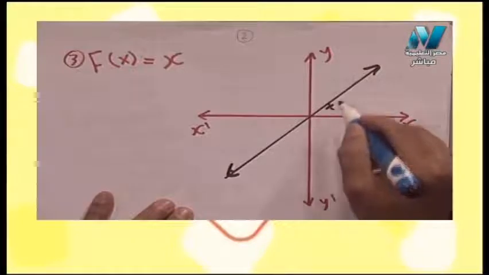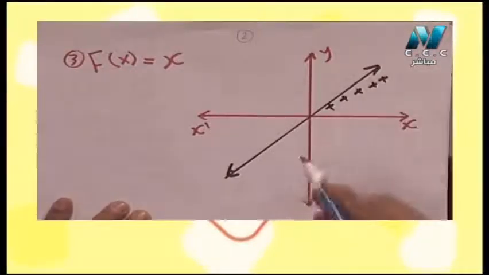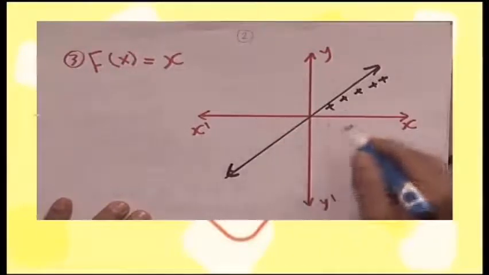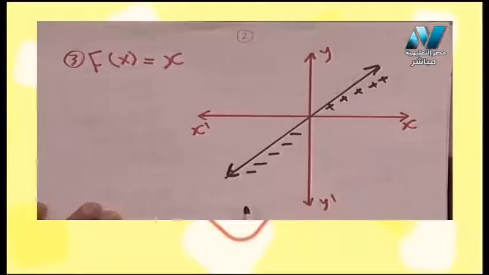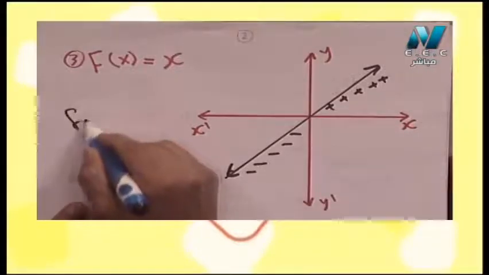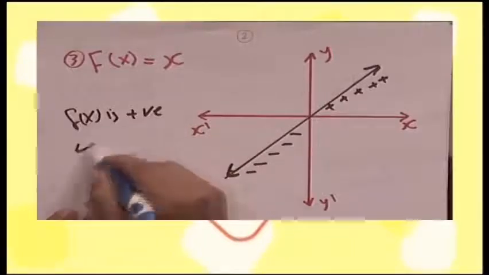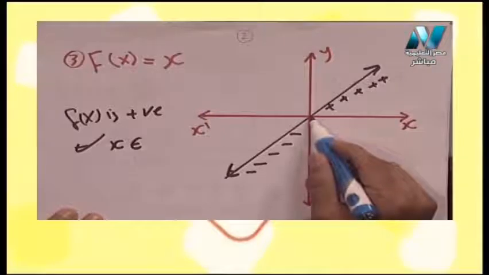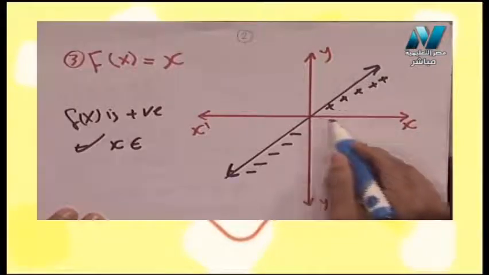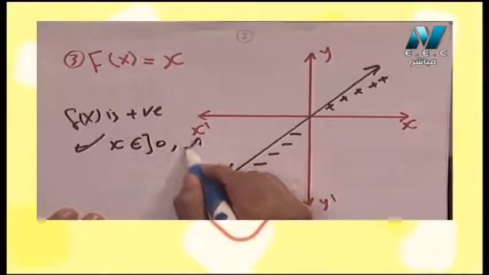Positive here, all these parts, and negative here, below the x-axis. So it is negative here. So x is positive for all x belongs to what? Belongs to the interval from 0, open, to infinity, like that.